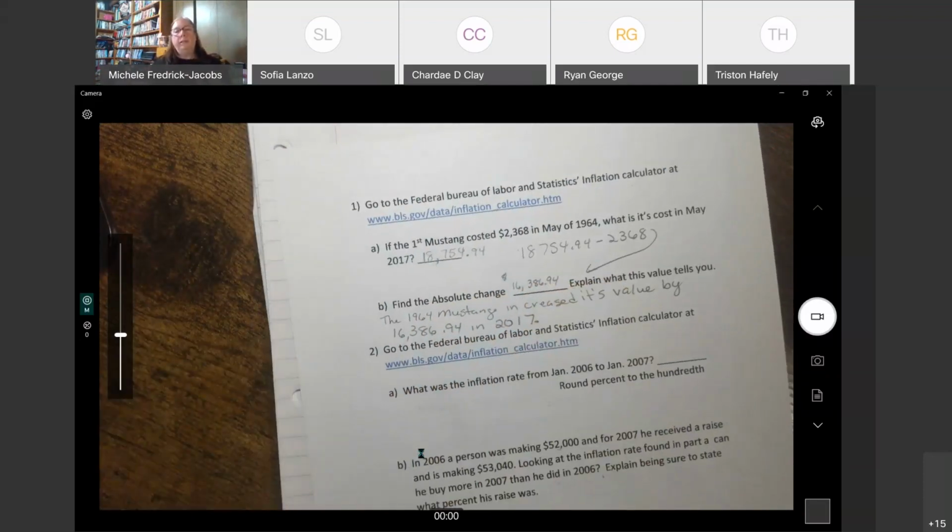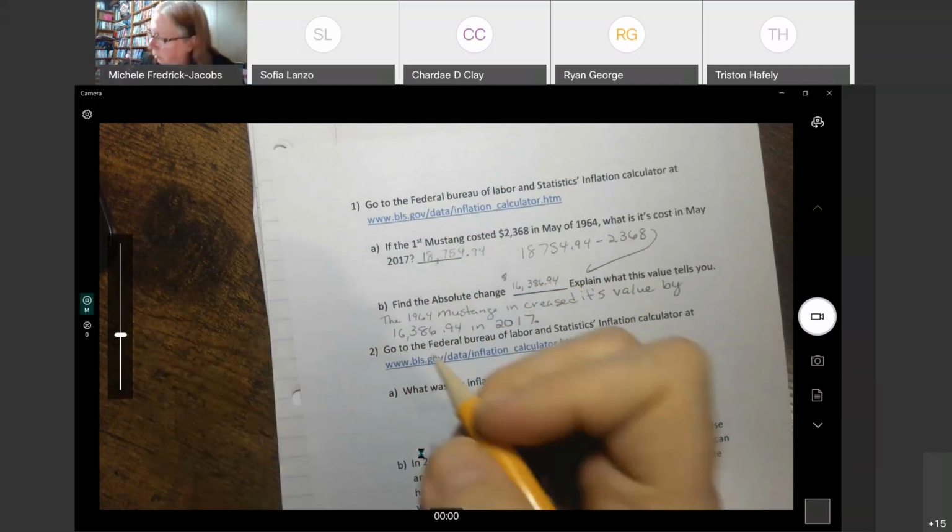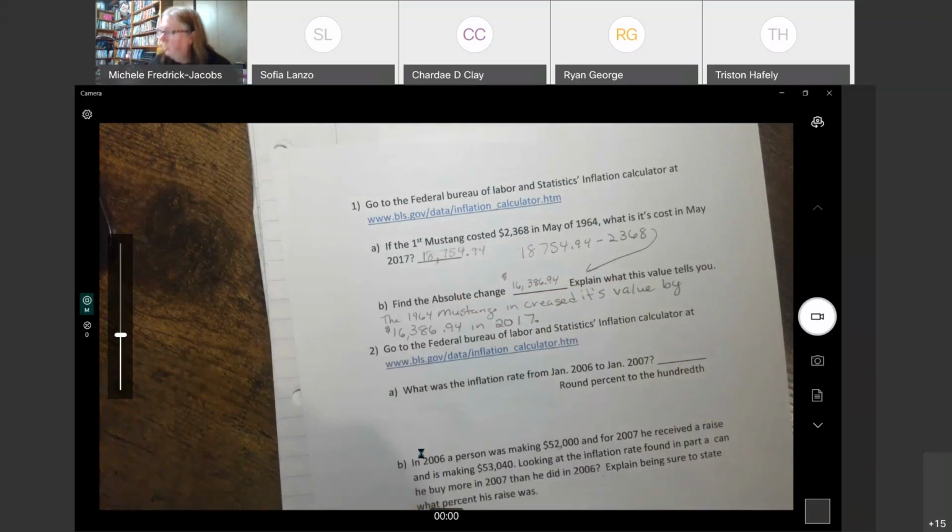So I wanted a sentence that lets me know that you understand what the absolute change is finding. And in this case, absolute change keeps the same unit, so we're talking about dollars. And when we find relative percent change, it's telling you the increase as a percent. Any questions on that?